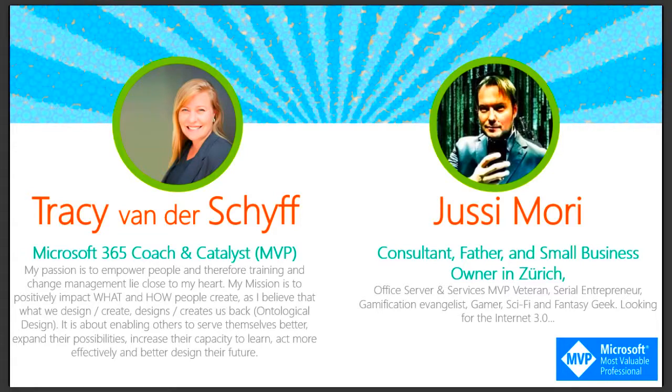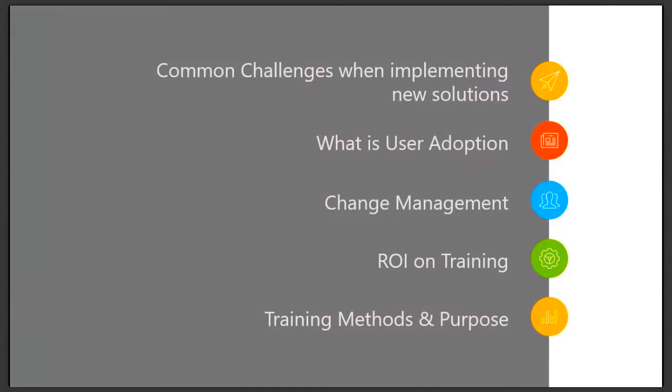Today's topic, of course, is looking at the common challenges when implementing new solutions. That's one of the first ones, and we're talking about what can go wrong on projects. We're going to take a look at what user adoption is as well.